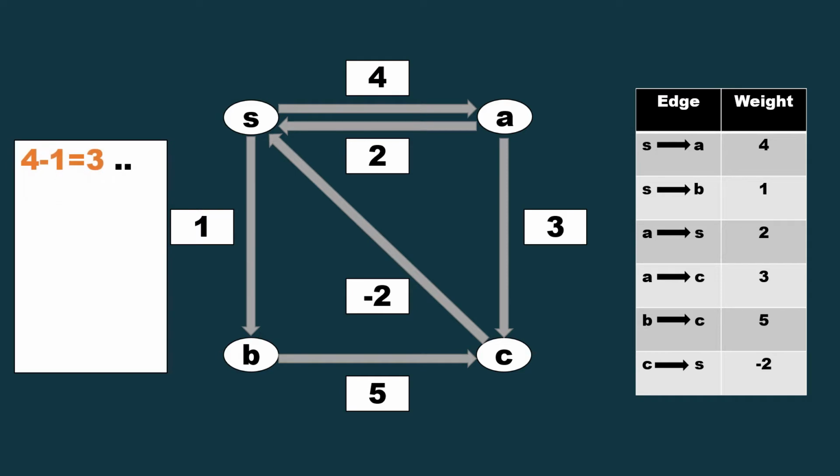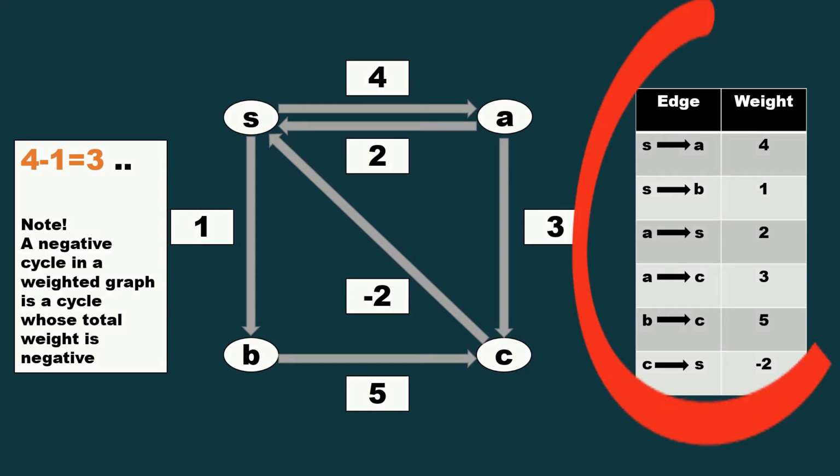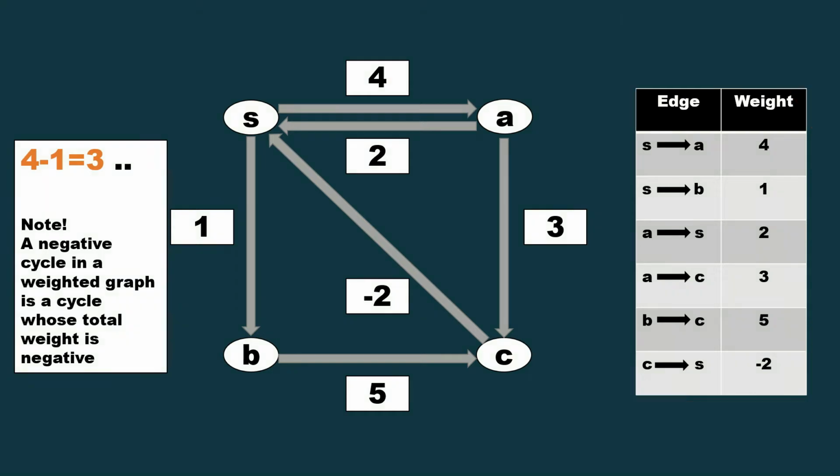We have 4 vertices, so 4 minus 1 is equal to 3. We have 3 iterations to perform, but we need to perform the 4th iteration to check if there is a negative cycle. And this table is the example of our edges and weights.